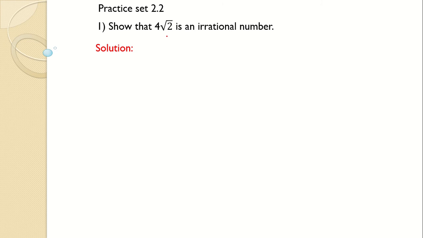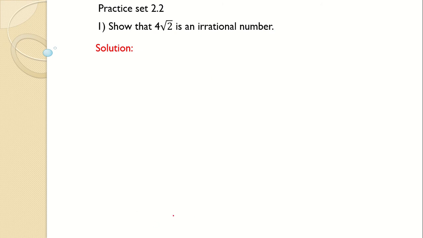This we solve by the contradiction method. Okay, this we solve by the contradiction method. So whatever is given in the statement, we assume its opposite. We have to show that 4 root 2 is an irrational number.